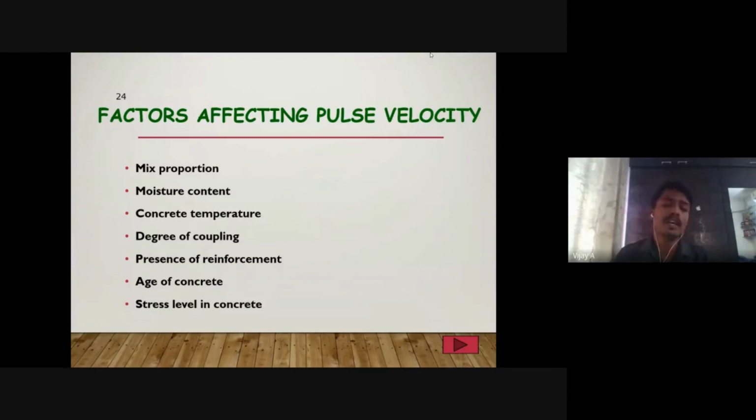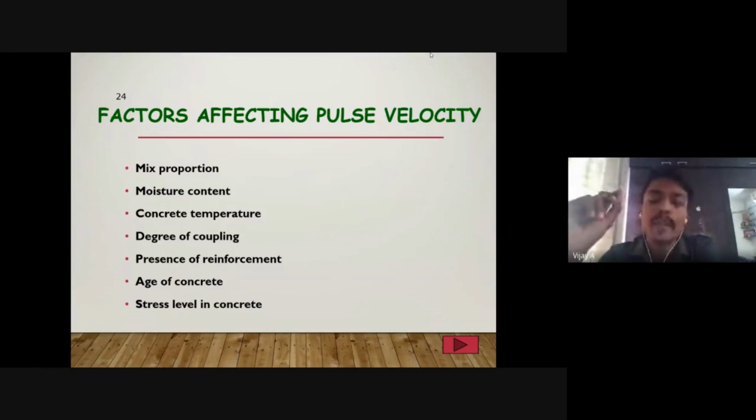Then even UPV gets affected by various factors like moisture content, mix proportion, the temperature of concrete, the degree of coupling between the transducer and receiver, presence of reinforcement, age of concrete, and stress level in concrete. Okay, so coming to degree of coupling, every equipment, even if you go for destructive testing, all the mechanical equipment requires calibration.